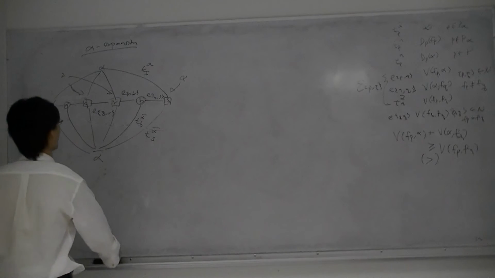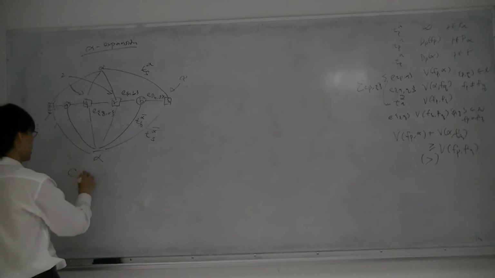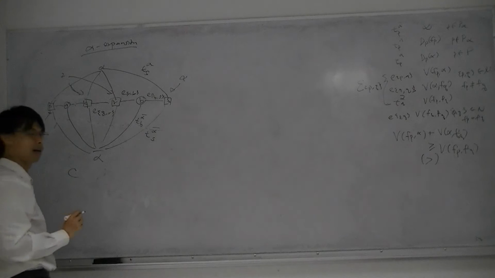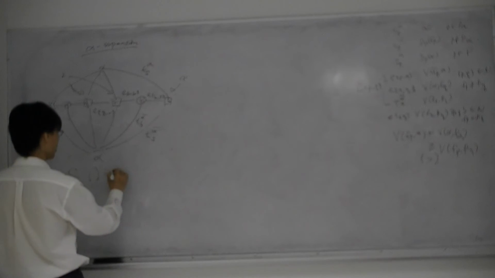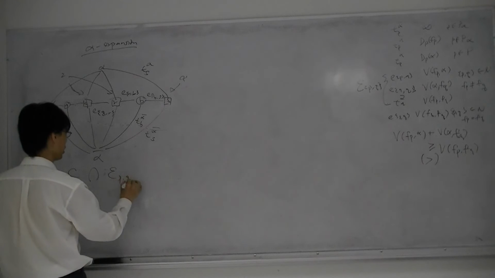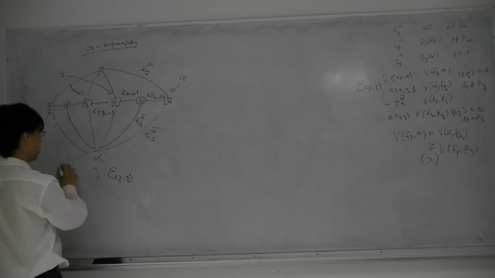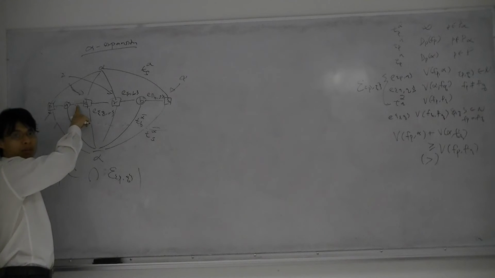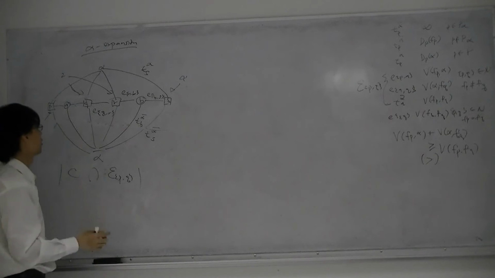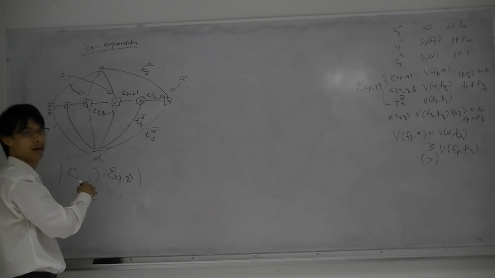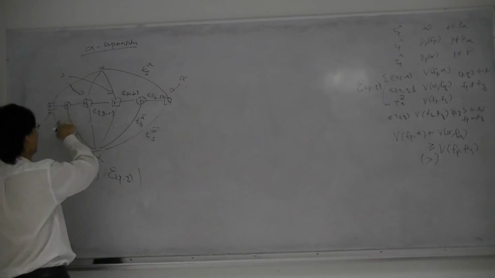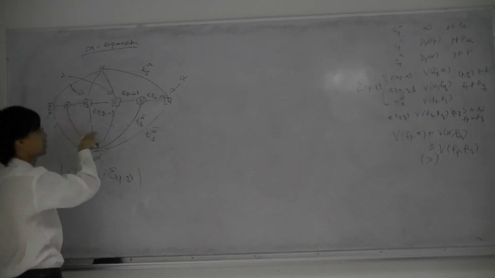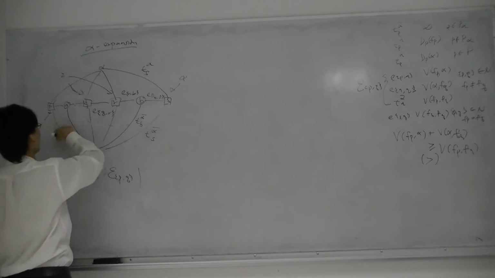So what happens is that if I consider, let's say C is the min cut, if it intersects EPQ here, it can only cover exactly one of these edges here. I can only cut like this or this. It cannot cut like this.